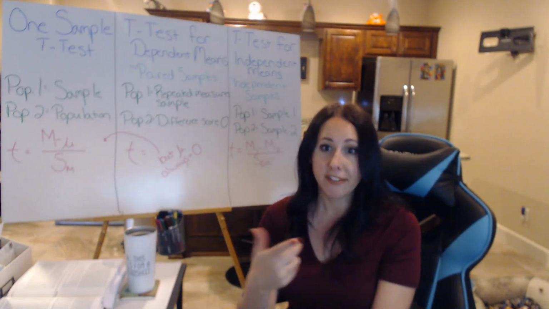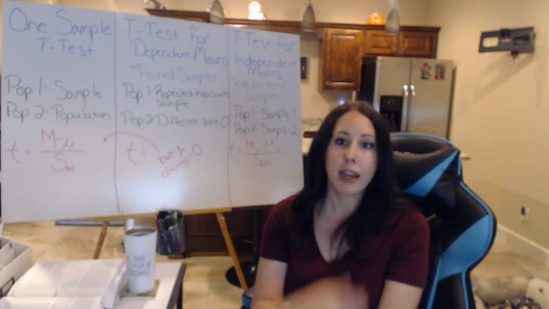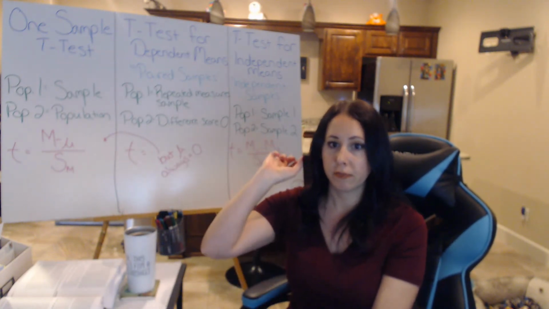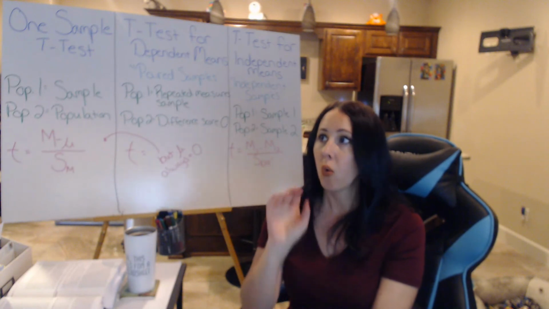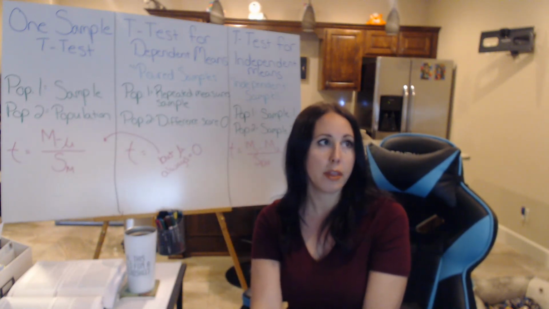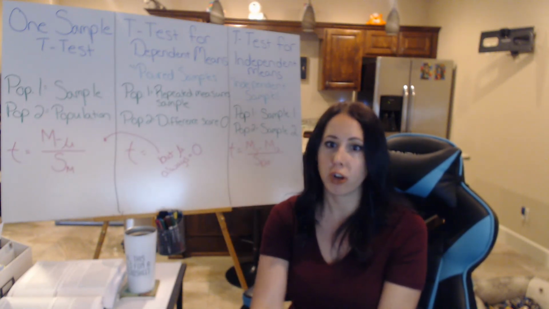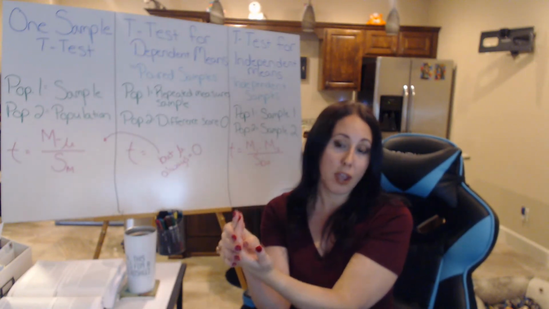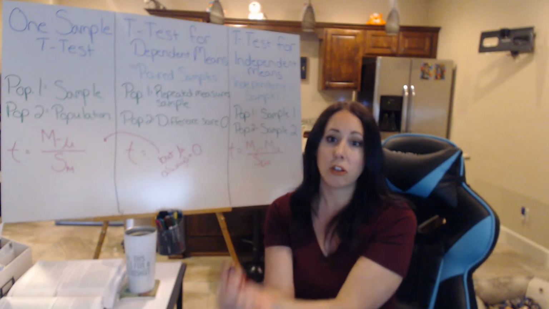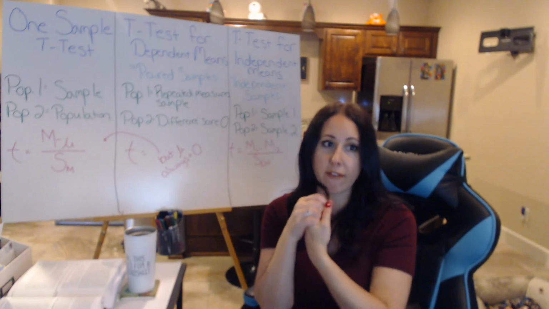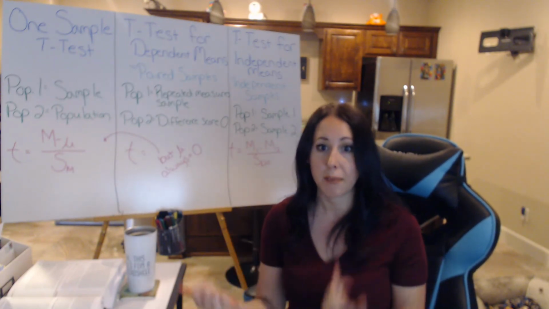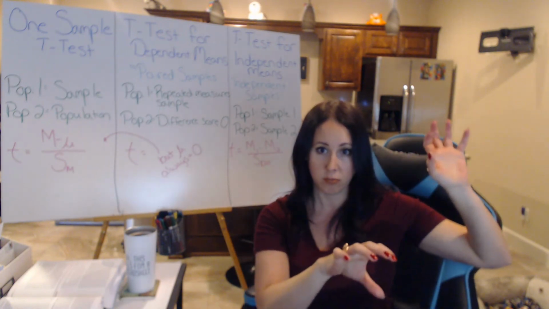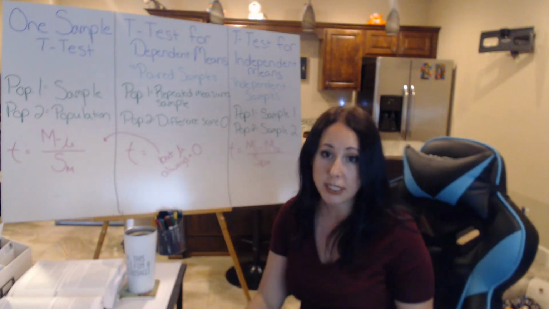But if I say, I know the mean score of the Drury population when it comes to their stress level, and I have a sample of English majors at Drury that I have evaluated their stress scores, and I want to compare them, I want you to be able to identify, okay, population compared to a sample, that's a one sample t-test.